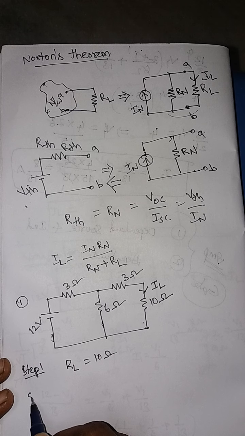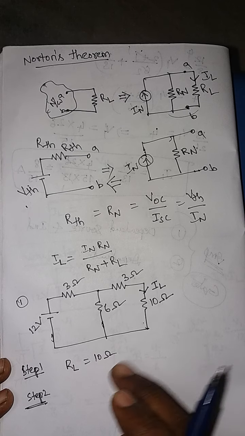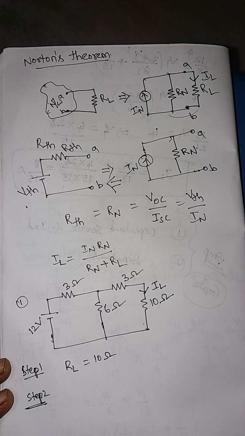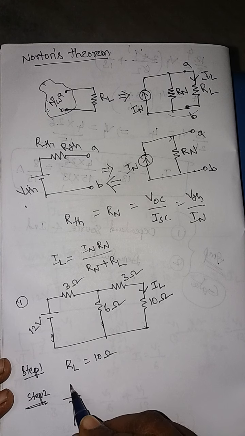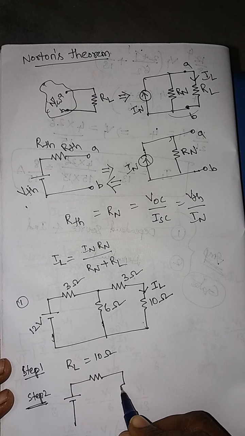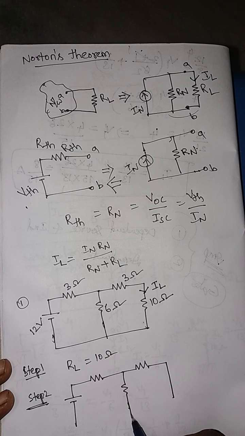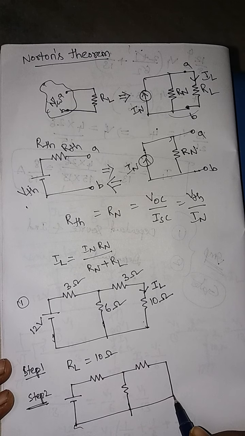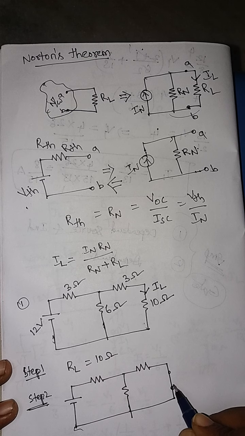Next, step 2: replace the load with a short circuit terminal. That is, the load is replaced with a short circuit, or we can also say the load is changed to zero value.